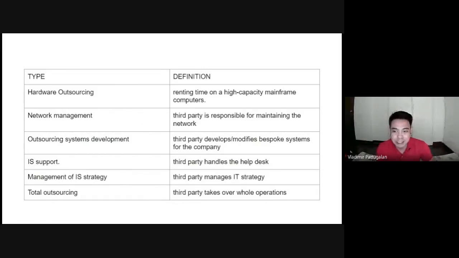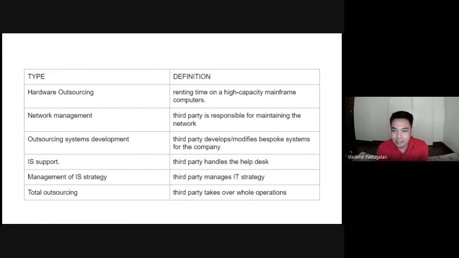I think the best example for this would be Amazon Web Services, right? Because at first they invested in a lot of this infrastructure and then realized they don't use it all the time, so they might as well rent it. So the customers that subscribe to that are actually doing hardware outsourcing to Amazon.